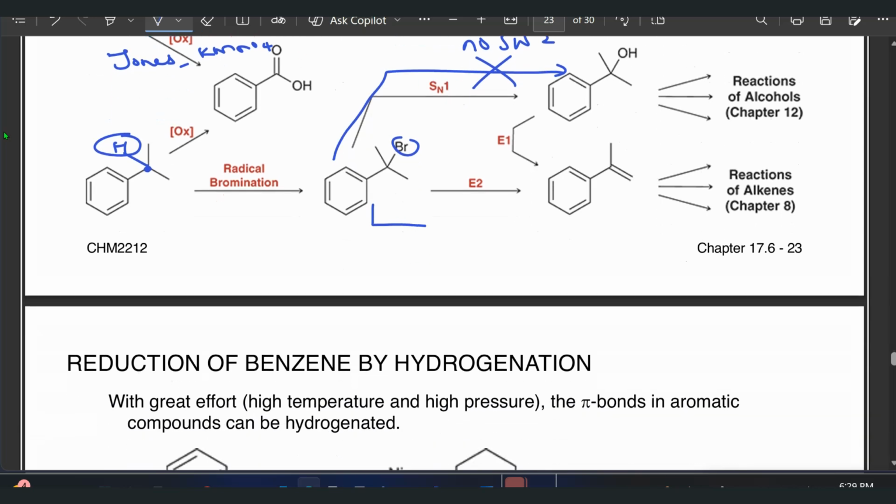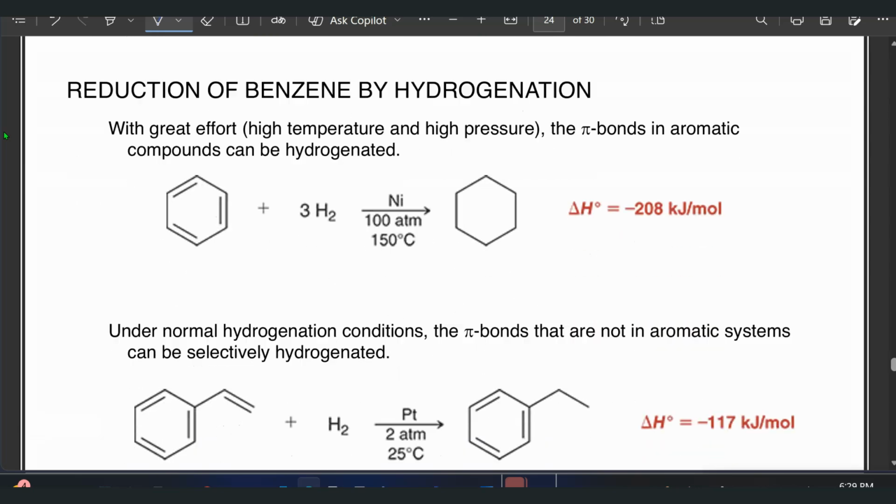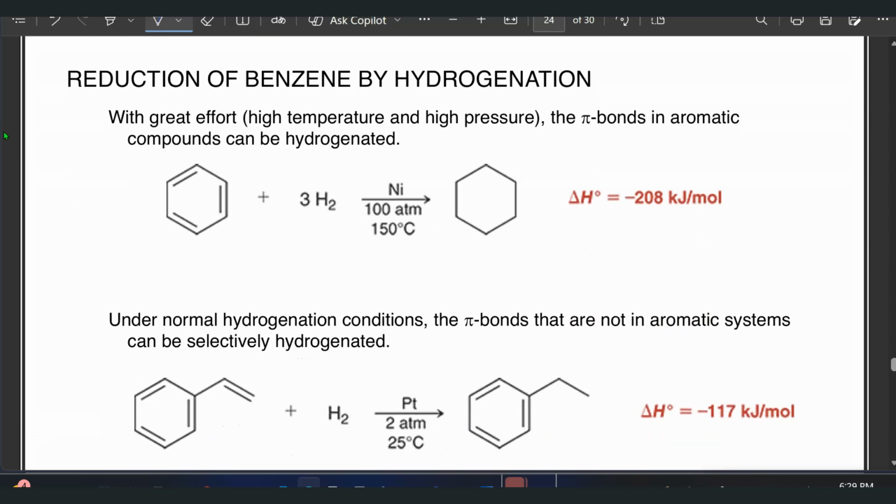Okay. So now, let me ask you this: why would benzene double bonds not do 1-2 additions? Because it can do resonance.